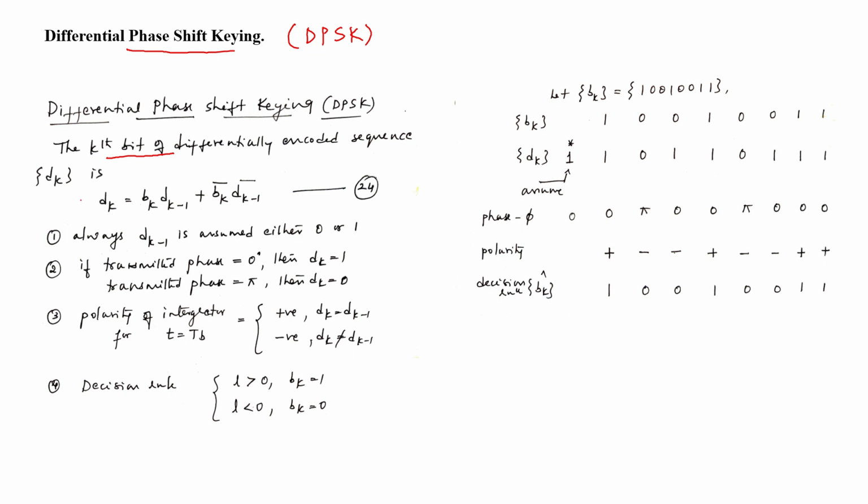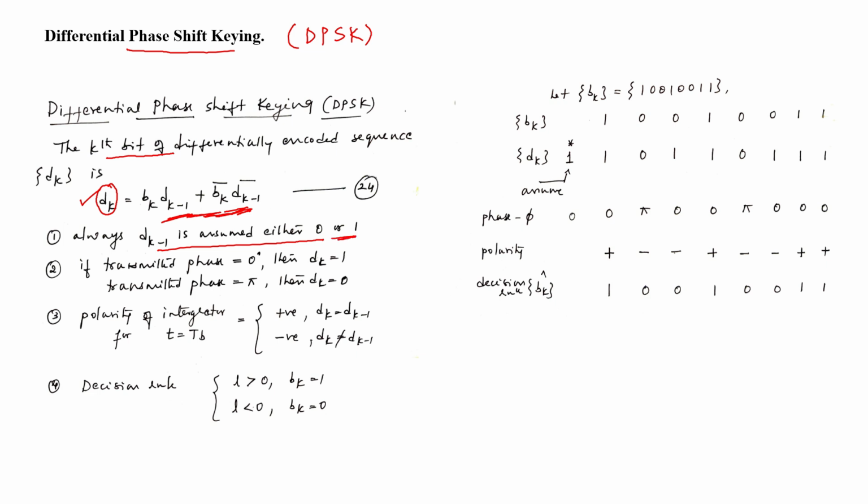If we consider the kth bit we want to transmit, the differentially encoded kth bit is given by XNOR logic using equation 24. It is nothing but bk dk minus 1 plus bk bar dk minus 1bar. What is dk minus 1? It is the previous encoded bit, which is assumed to be 0 or 1.